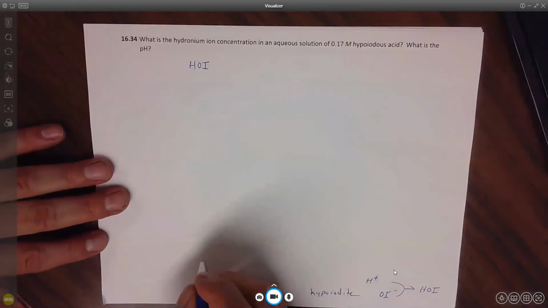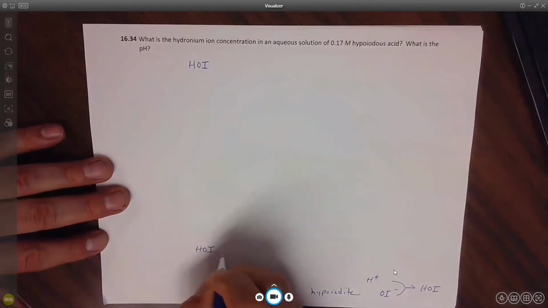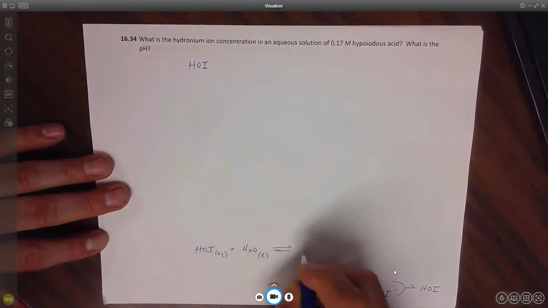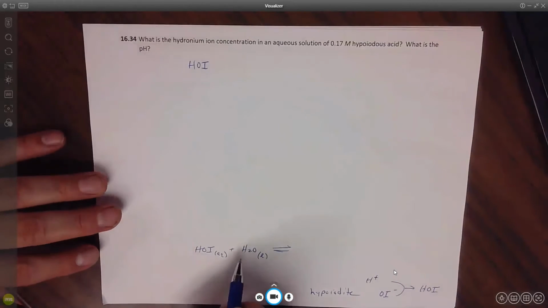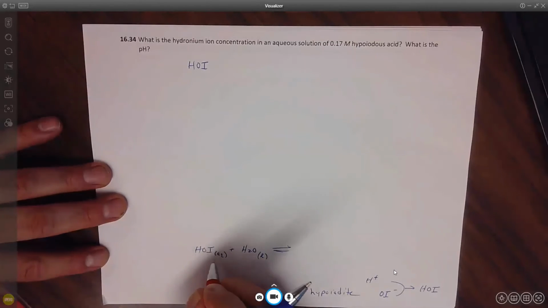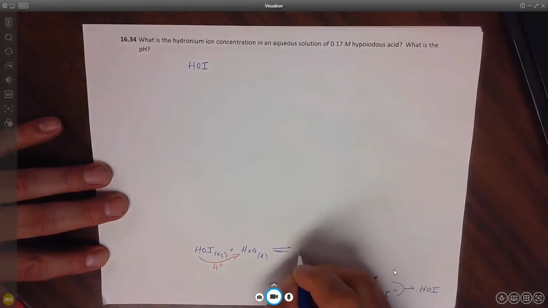Now we could do this one of two ways. I could have written the water with this reaction. And then we have our hydrogen transfer from our acid to the water, right? And I could have given this then.